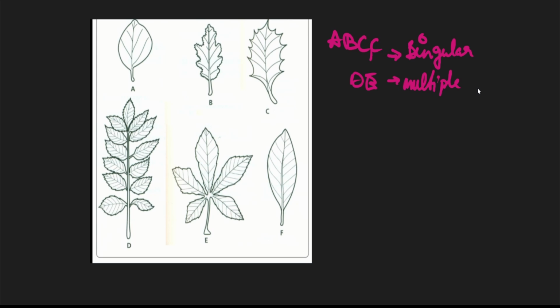All of them have parallel, branching veins, not parallel, intersecting veins.